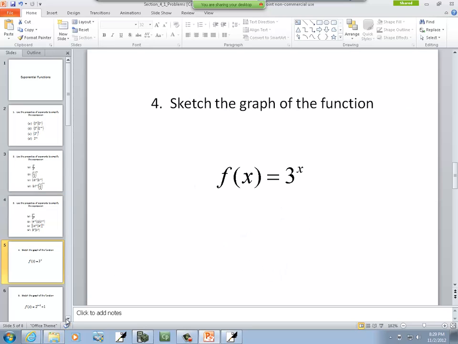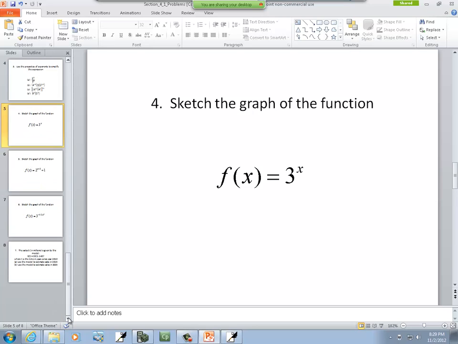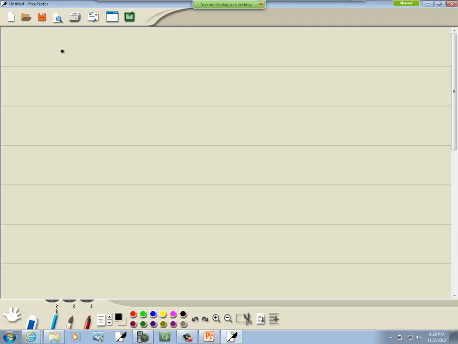It says sketch the graph of the function. Well, if I was doing it by hand, it's as simple as plotting points. Like I start with -2, -1, 0, 1, 2.